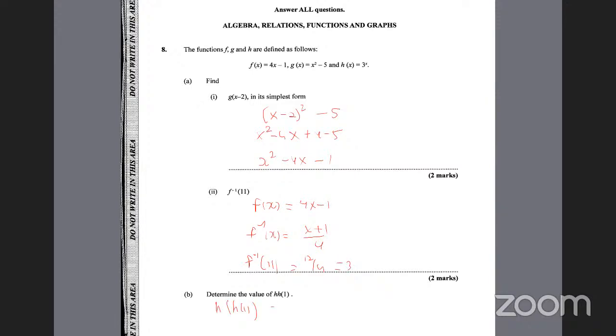The best thing to do is to find h of 1 first. h of 1 will be 3 to the power of 1, which is 3. So then we're going to find h of 3, which is 3 to the power of 3, which is 27. Nice. Nice job, Clarissa. You get full marks there. Nice. So that is that.